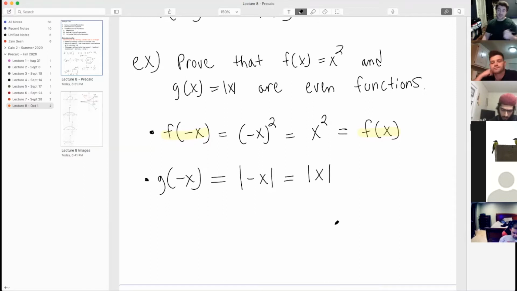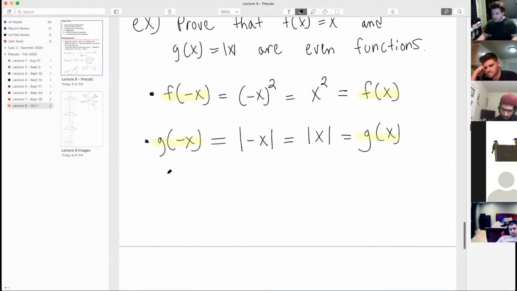The absolute value of -3 is the same as the absolute value of 3, for instance. And this is by definition equal to g of x. All right, so observe that in this chain of equal signs, we have shown that g of minus x is equal to g of x, which is literally the definition of an even function. So that's it.